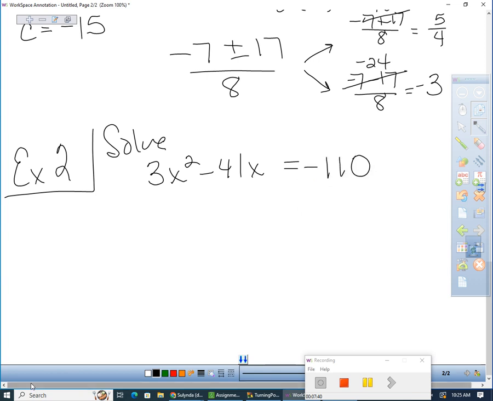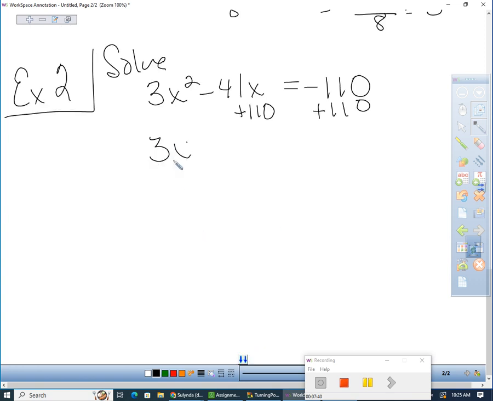The whole thing, yes, we have to add 110 first, right? I'm going to add 110 to both sides. That means I have 3x squared minus 41x plus 110 equals 0.